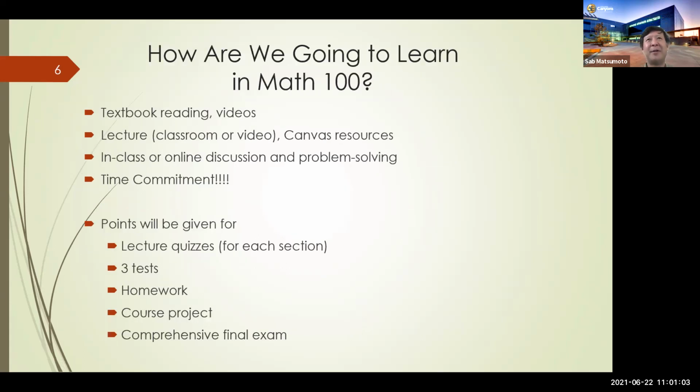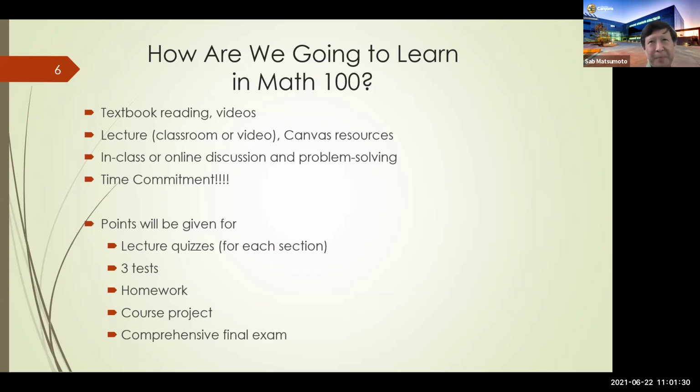How are you going to learn these materials, these course contents? Well, first, there is a textbook, of course. It is in-house. It is free to download. You can download the entire book free of charge. And so this textbook is readable. And so I highly recommend you read the textbook. There are videos that would help you learn, lecture videos.